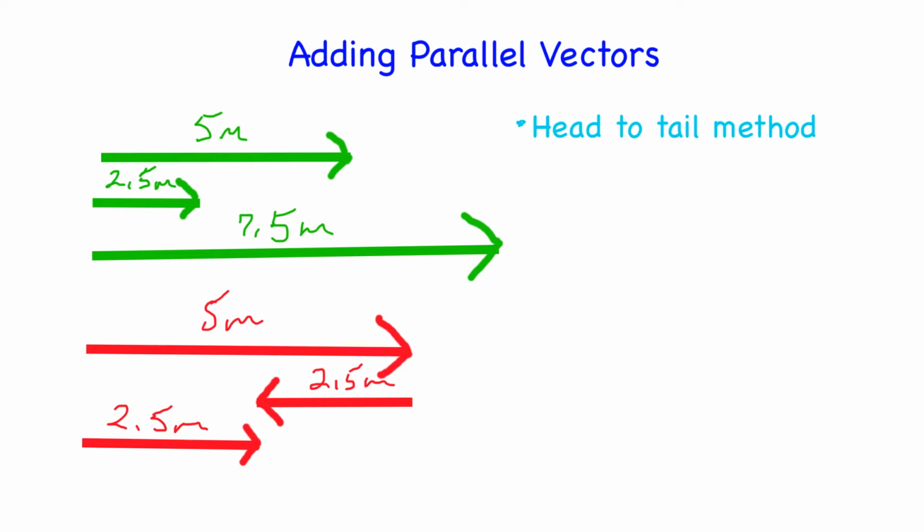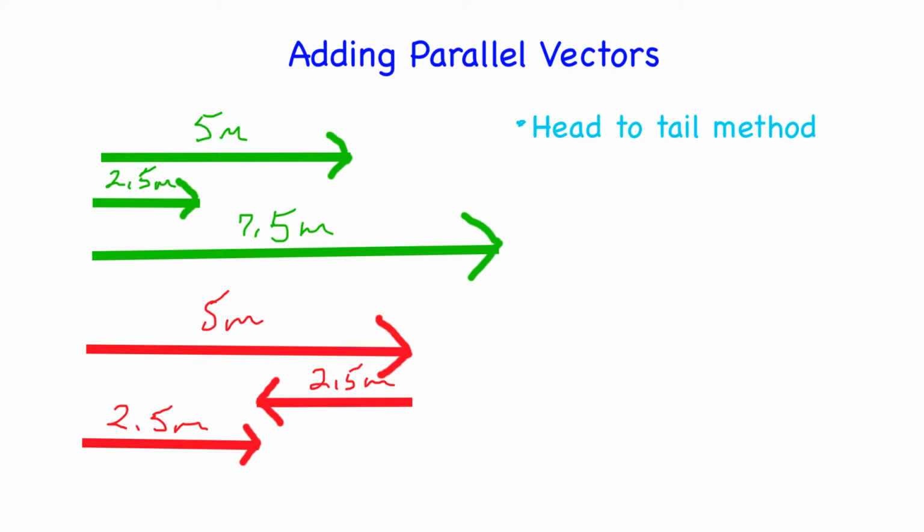Alright, so let's look at the first case here where both vectors are traveling in the same direction. Remember, vectors have both magnitude and direction. I've given you the magnitude over the top of each vector, and I've shown its direction by adding heads to the line so that you know which direction the vector is pointing in.